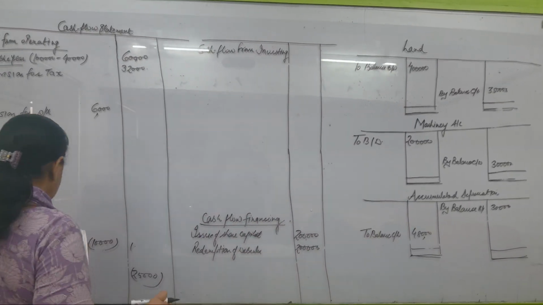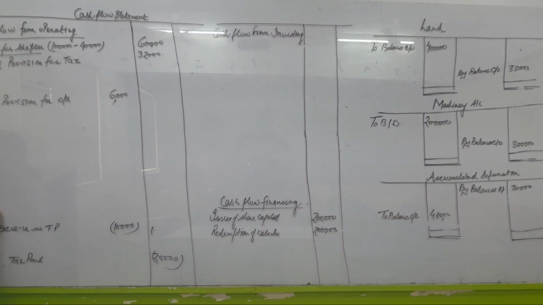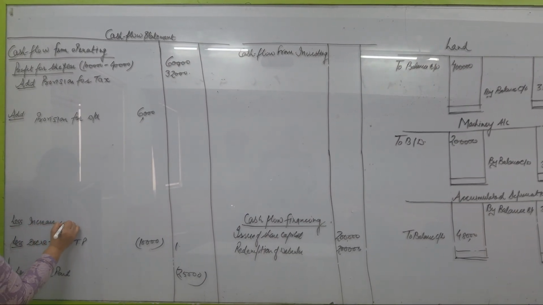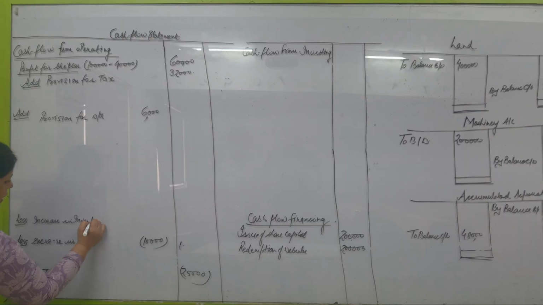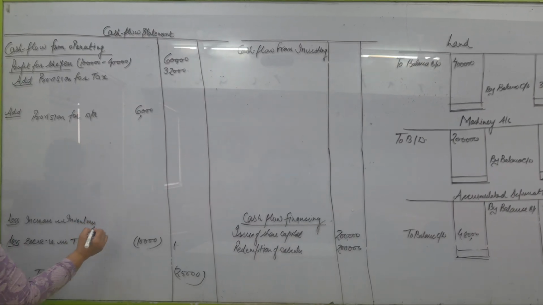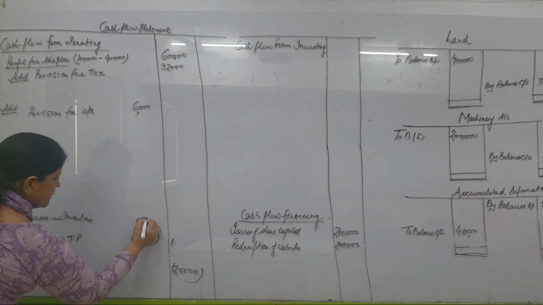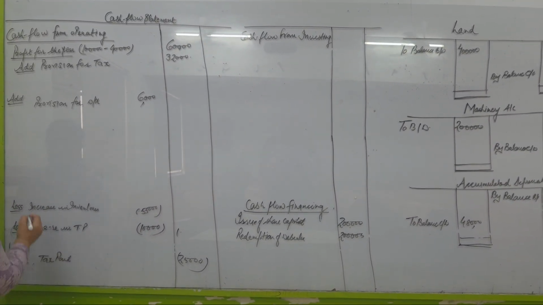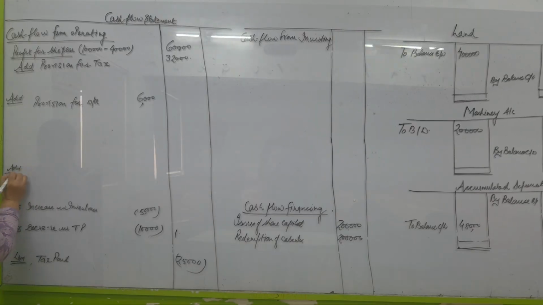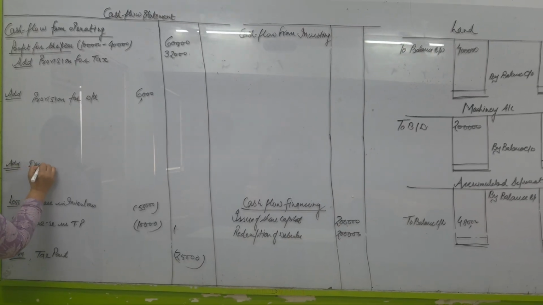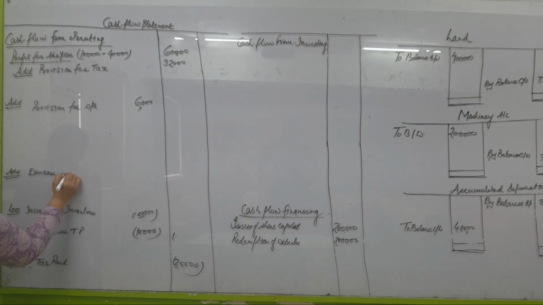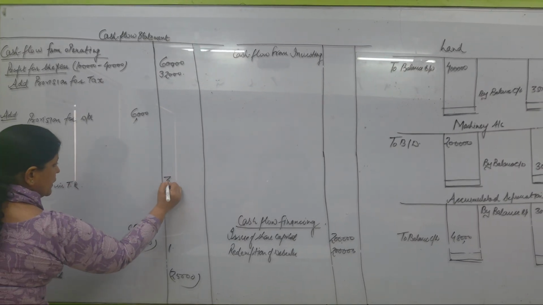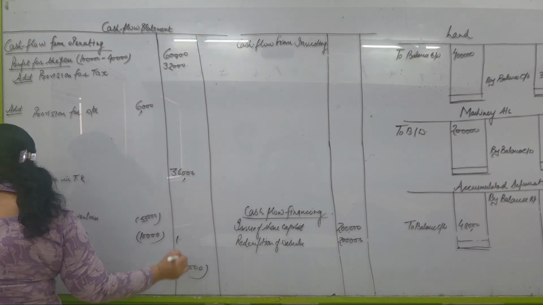Inventories, increase less. Increase in inventories, that is 55,000. Trade receivable decrease, decrease in trade receivable 36,000.